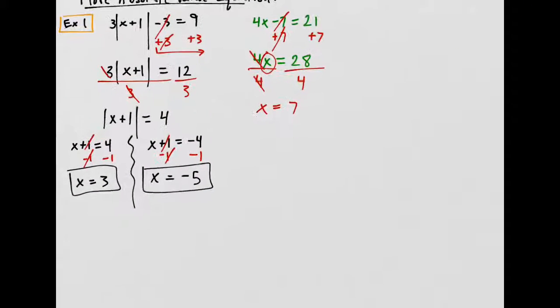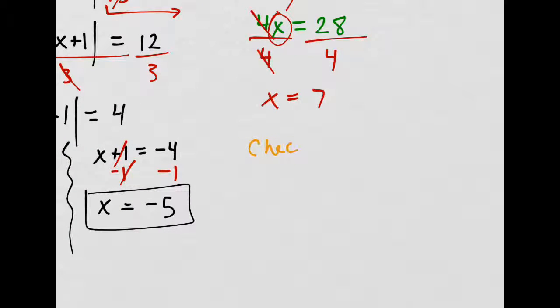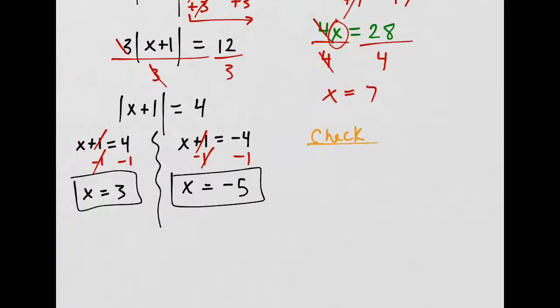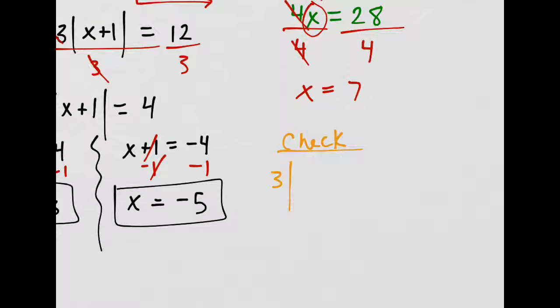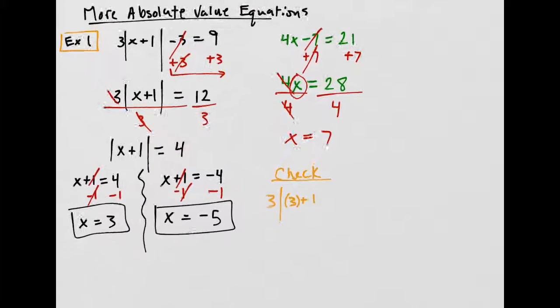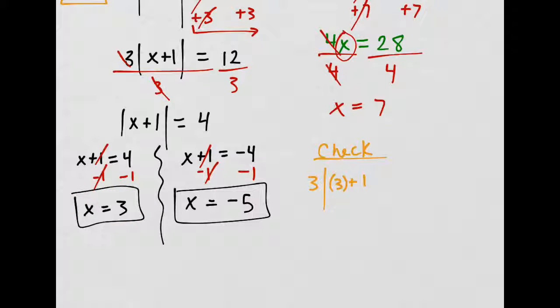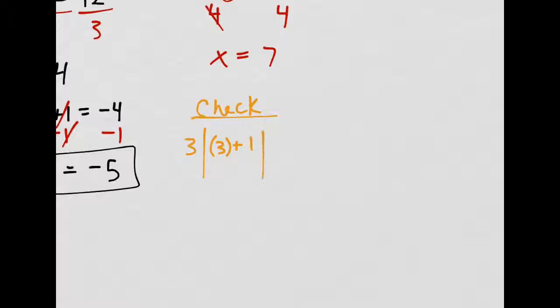If I wanted to check this, I could plug it in. You don't have to do this. I'm just showing you that if you do it this way, you will get the right answers. So 3 times the absolute value of 3 plus 1, because I'm plugging it into the x in the original, minus 3 equals 9.